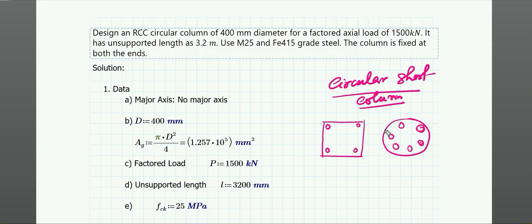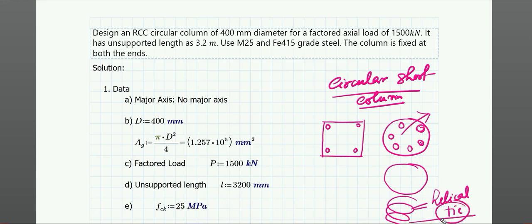And the tying reinforcement, the tie bars can be circular, it can be something like this, or it can be helical. That means it's a continuous helical. The only difference of design in circular column comes when you are designing using a helical tie.